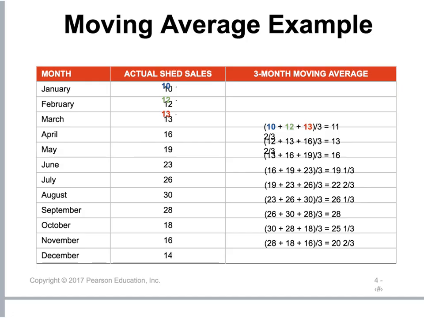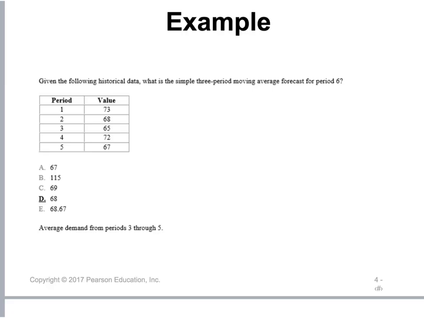For example, in January we did 10, in February we did 12, in March we did 13. April's forecast would be 10 plus 12 plus 13 divided by 3, which would be 11, and so on and so forth. Here, given the historical data, what is the 3-period moving average forecast for period 6?